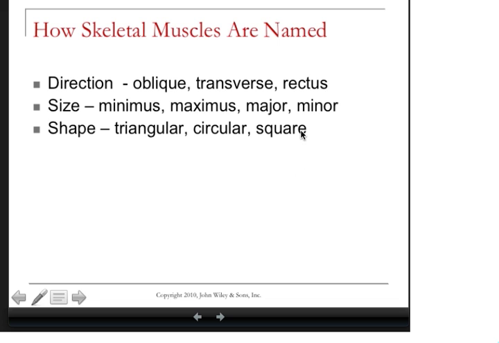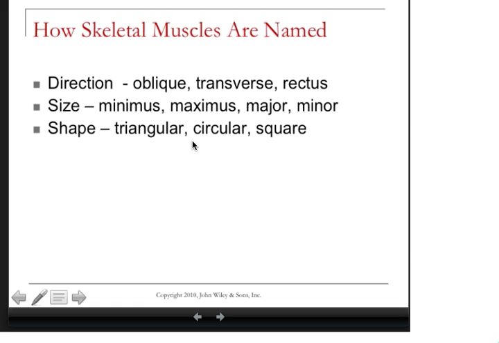And if you look it up, it's a square muscle that runs from the medial border of the femur, and it attaches around the pubis of the hip. And what it does is it brings the leg back towards midline. So there's a couple of examples there of a square muscle.